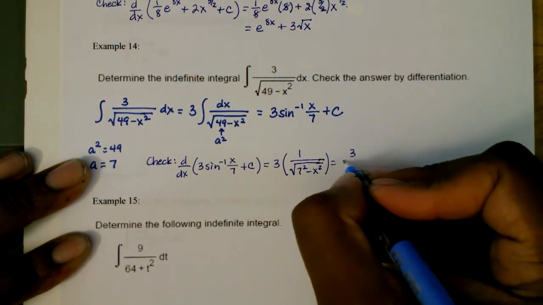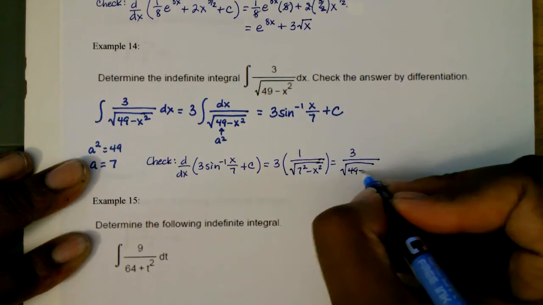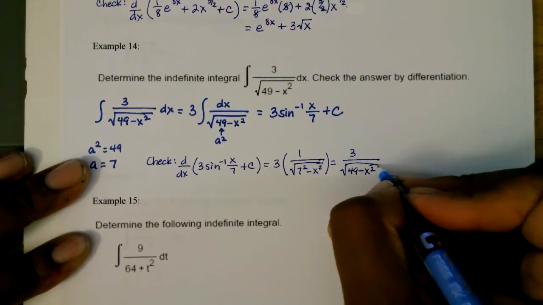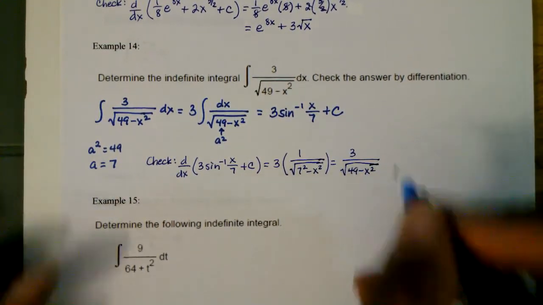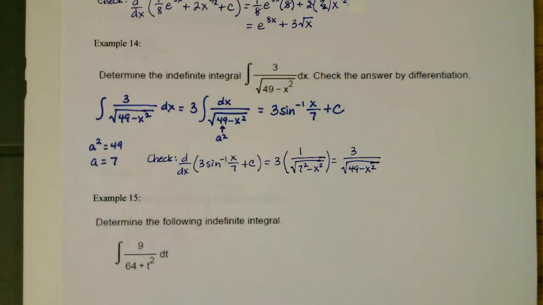So the 3 will be in the numerator over the square root of 7 squared, that's 49, minus x squared. And also the derivative of a constant is 0. And that is the integral that I came up with in this case.